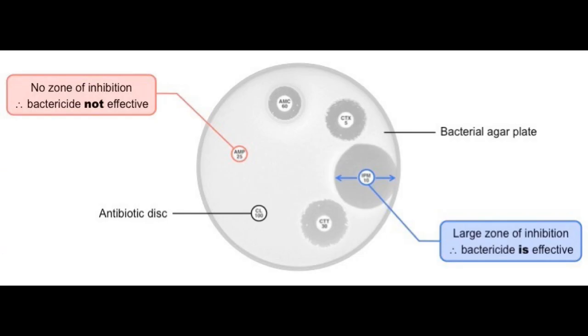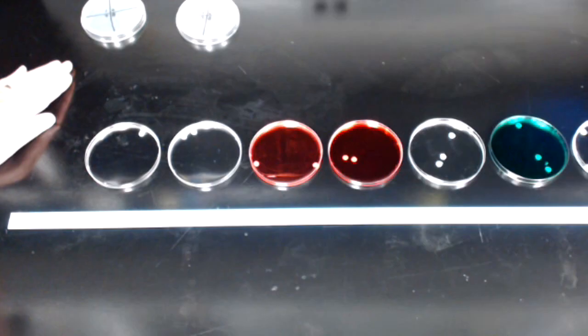This diagram shows zones of inhibition using antibiotic discs. Notice the different diameters of the zones of inhibition around 4 of the antibiotic discs. Okay, I'll finish transferring paper discs to the rest of the plates off camera. And that finishes this module.